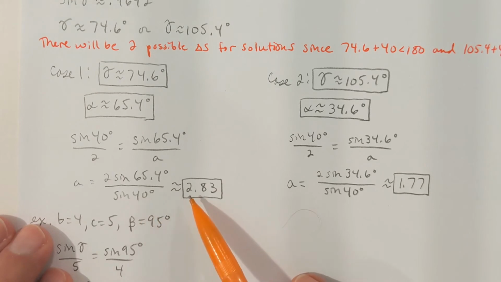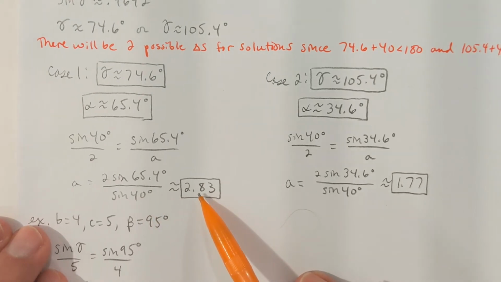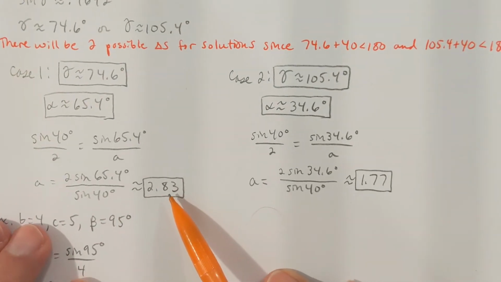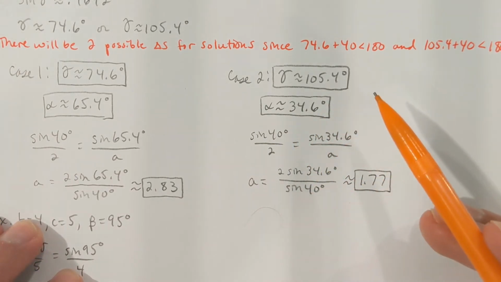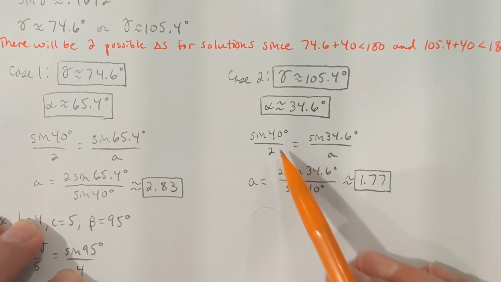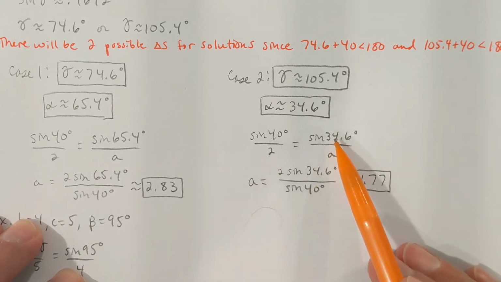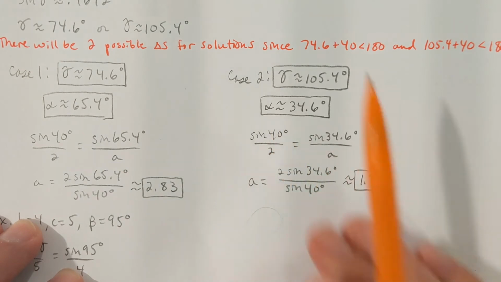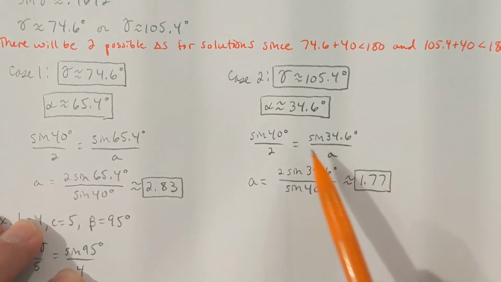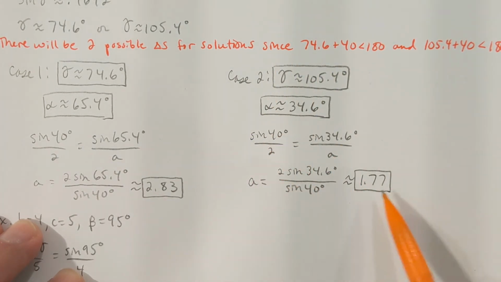You'd be getting A is roughly 2.83. In this other case, if alpha is 34.6 degrees, then the only adjustment would be over on the numerator on the right side. You can keep the left side as is, but using the law of sines and cross multiply that, solve for A, and you're getting A is roughly 1.77.